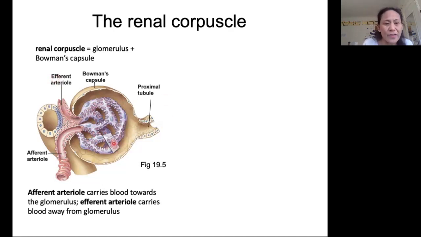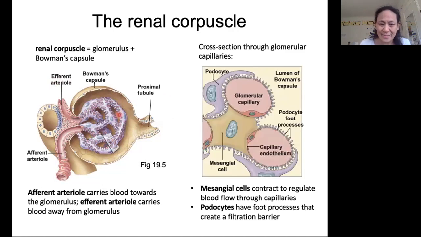Looking at the features of this interface between the capillaries of the glomerulus and Bowman's capsule, we can see some special features, okay? So we have these cells called mesangial cells that wrap around the capillaries of the glomerulus, and they contract or relax to regulate the blood flow going through those capillaries, okay?